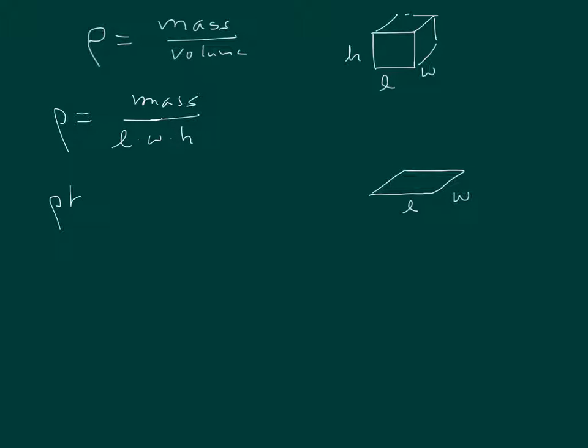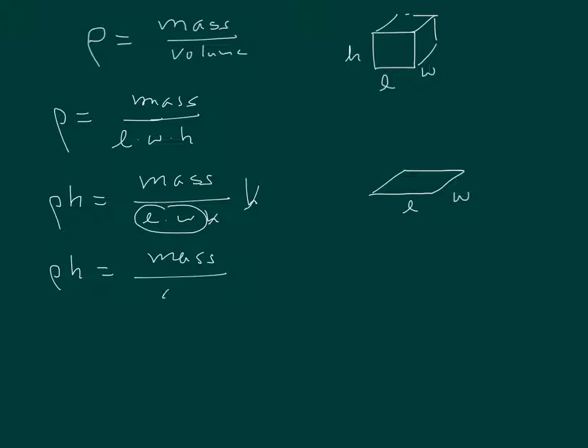If we multiply the rho times the height, we have mass over length, width, height, and height cancels out. Length times width is the area. So rho h is the mass over the area. Now, suppose we have this volume of fluid.